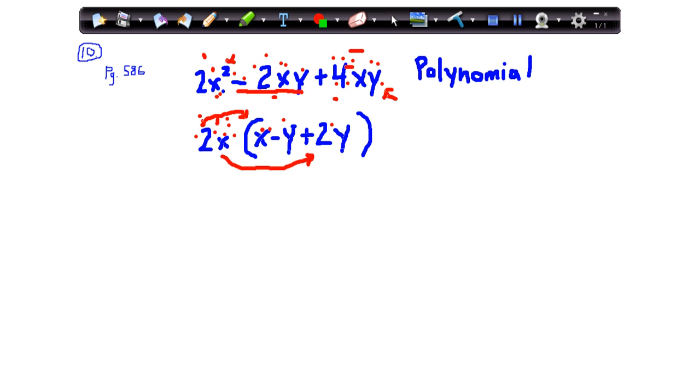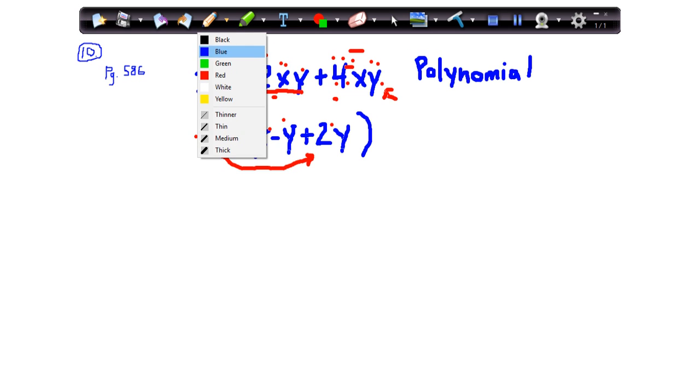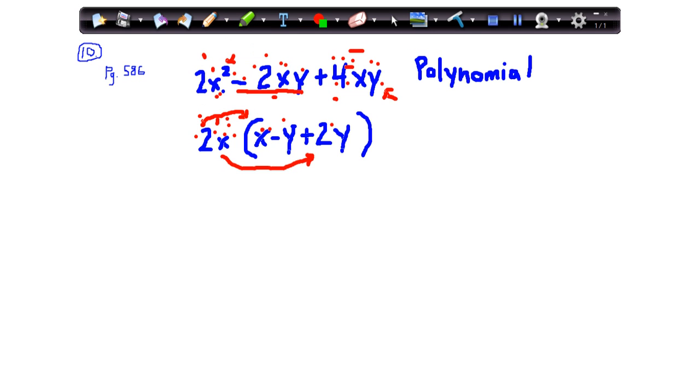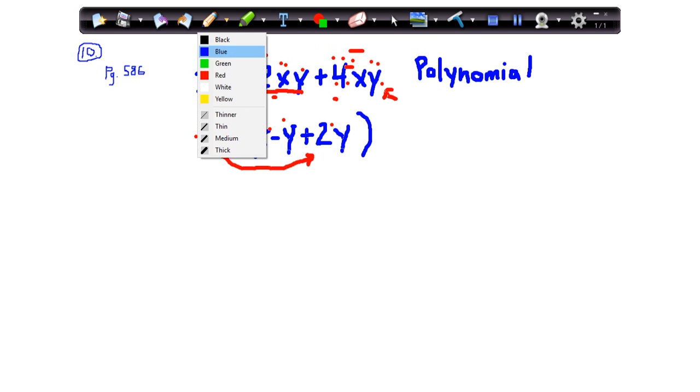Now, what's the next step? Well, what we want to do next, I'll write it out to the side so you'll see. So the second step, the first step was to factor. So let's put that there. We're going to factor. I'll use my red. Okay.